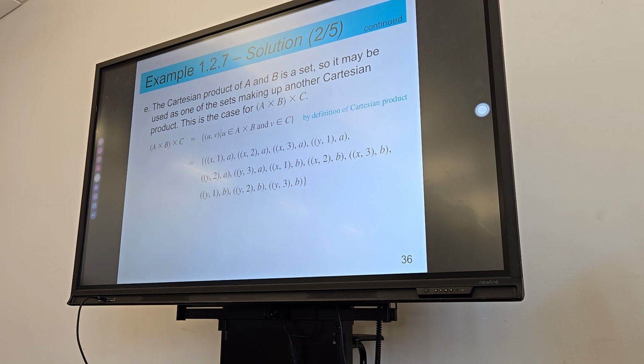In this case, for A, cross product or Cartesian product with B, quantity Cartesian product with C. So there's all the combinations. You do the Cartesian product of the A x B, and then use those as elements to do a Cartesian product with C.